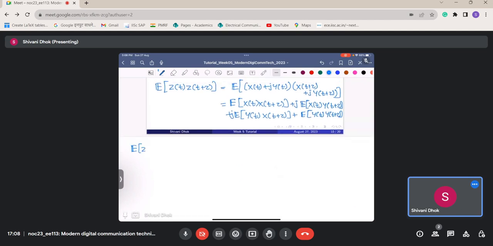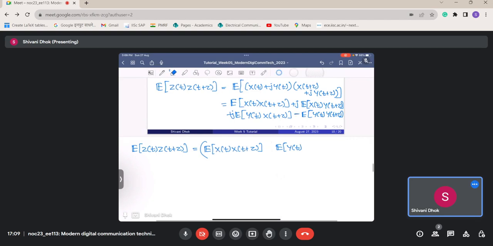Expectation of z(t) z(t plus tau) is expectation of x(t) x(t plus tau) plus expectation y(t)... sorry, this is not plus, this will be minus. It will be j into j, so that will be minus.